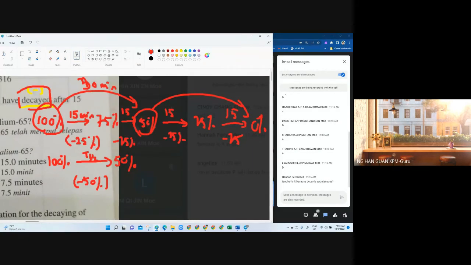The right concept is: after 1 half-life, 50 is left. Another half-life, it will be left 25, because it will minus half. Another half-life, it minus half, 12.5. Another half-life, 6.25.